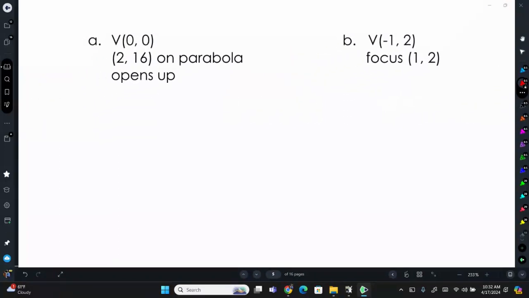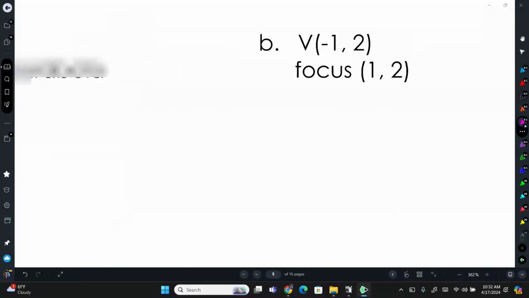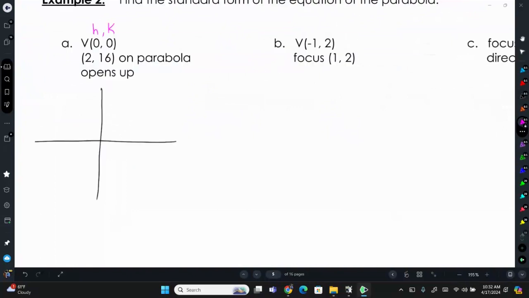So this one says the vertex is at 0, 0, and 2, 16 on the parabola, and it opens up. Okay, so this is your H and K, and I'm going to draw a rough sketch. Vertex is at 0, 0, and the point 2, 16 is on the parabola.